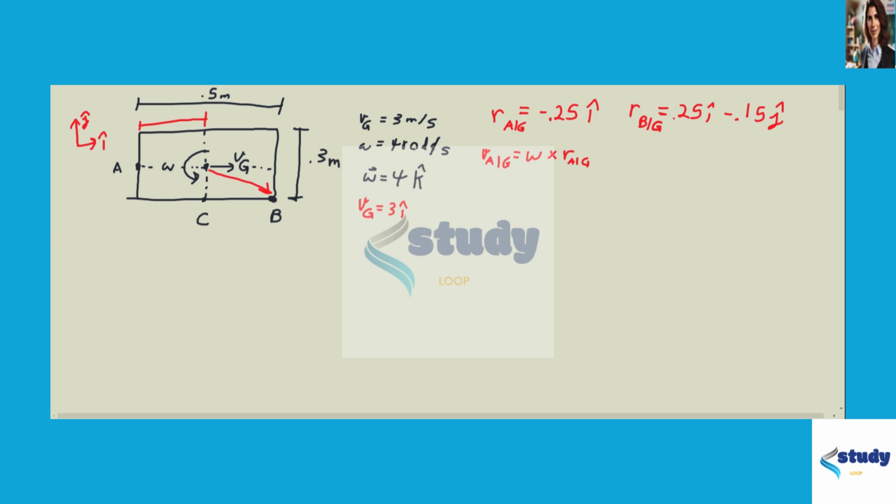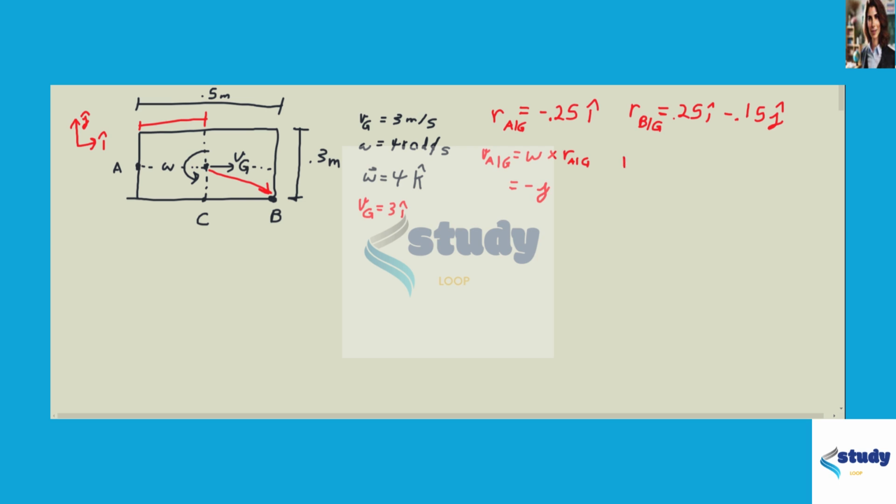But we have a negative sign there. So this velocity of A with respect to G is just a negative j-hat. Omega was 4, r was negative 0.25. So we have a negative j-hat meters per second.